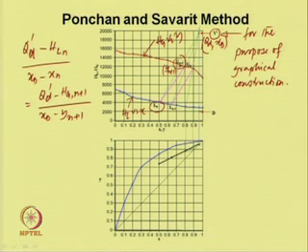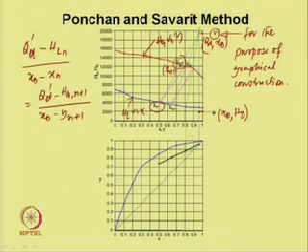If the distillate is subcooled, then the point which is denoted over here, x_d, H_d, and the line which is passing between V dash and D, lies below the x-H_L curve, this is the x-H_L curve. So, this point lies below since the distillate is subcooled.